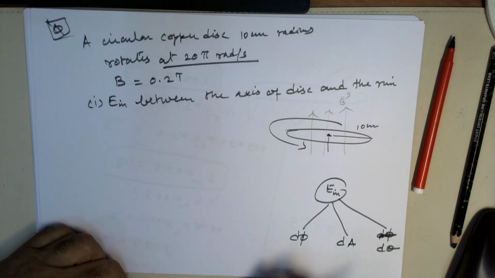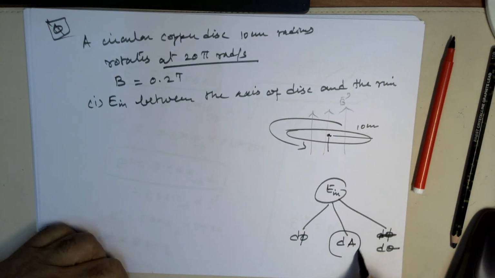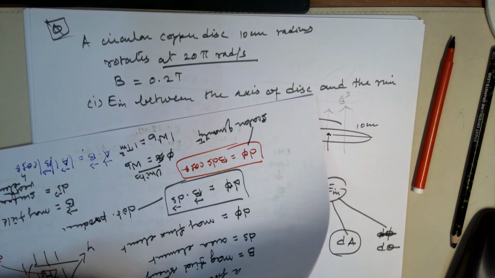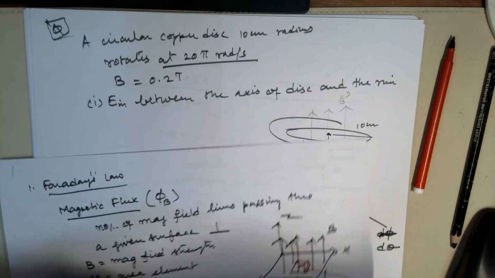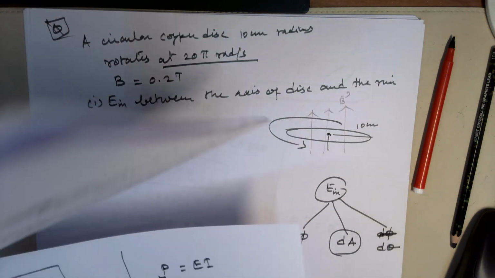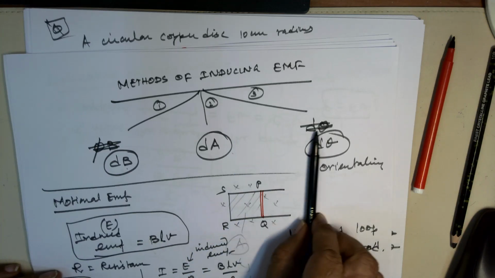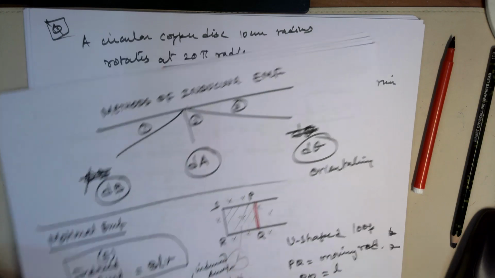What we are discussing now is motional EMF. Thereby you are changing the area. In the previous case, I was discussing the moving rod, where I was explaining how PQ changes, and thereby the area is changed. In this case too, the PQ is changing, depending on how fast it is moving, and based on this the area is changing.